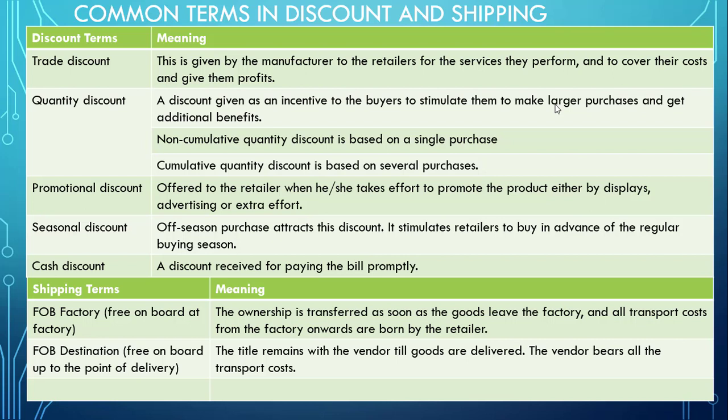Non-cumulative quantity discount is a type of quantity discount, but the difference is that it applies only to a single purchase, meaning when a retailer makes a one-time purchase, the manufacturer or producer provides the retailer with a discount, but only for that single purchase. It may not be a repeated purchase.